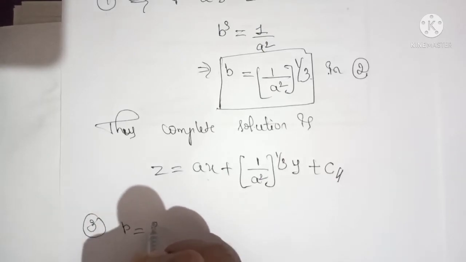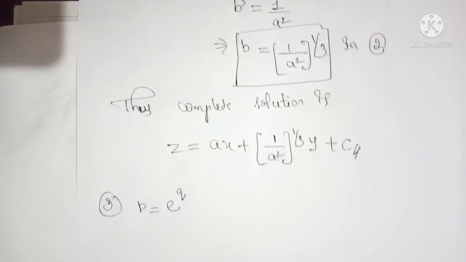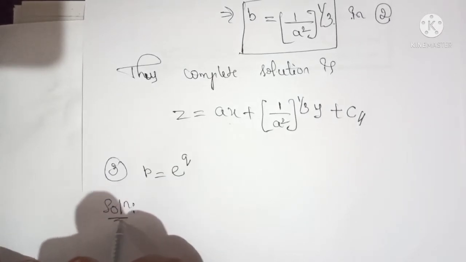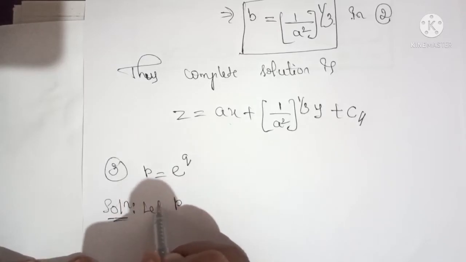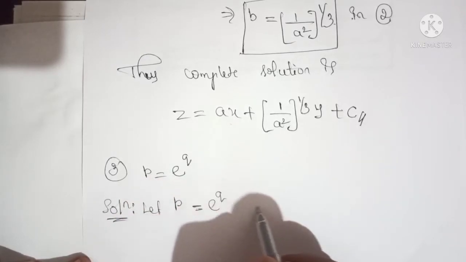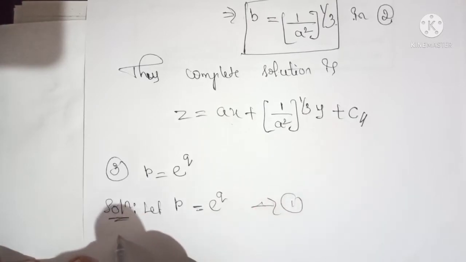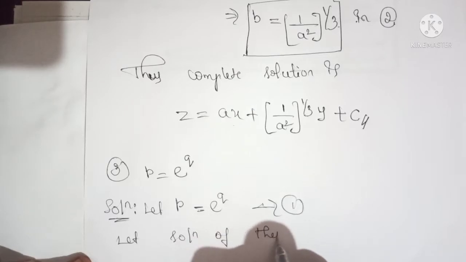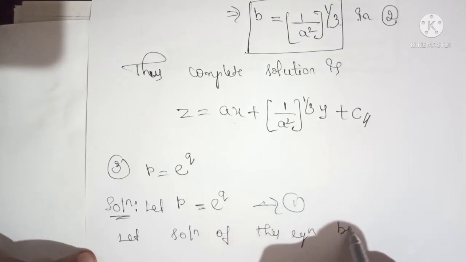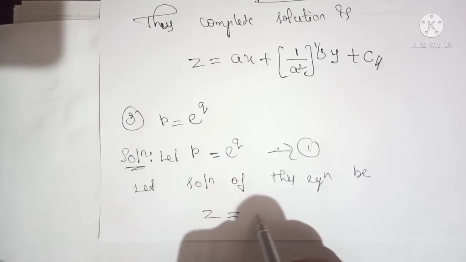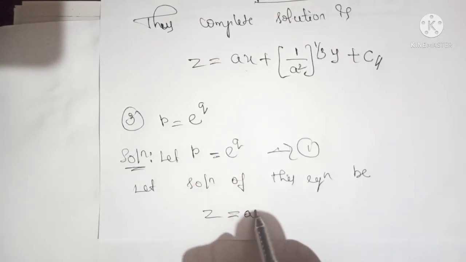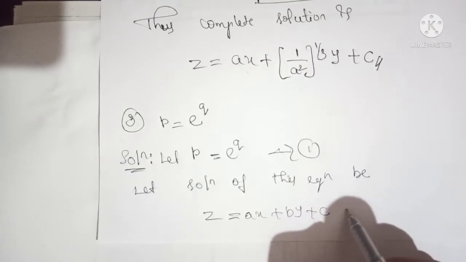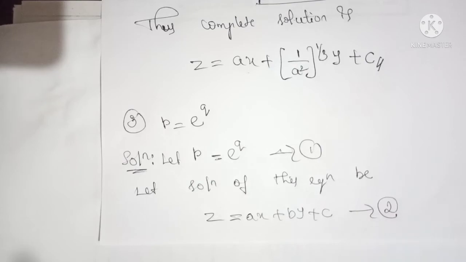P is equal to E raised to Q. So again we follow the same procedure, that is, the given equation we consider as equation 1. Then let the solution of this equation be Z is equal to AX plus BY plus C as equation 2.